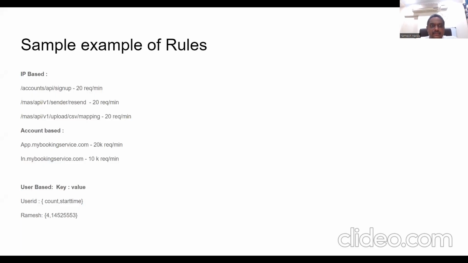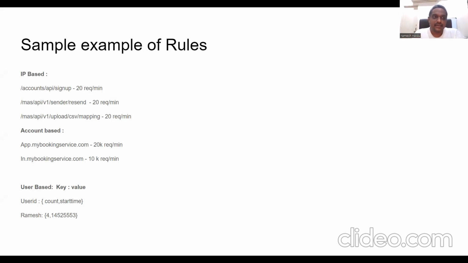In this slide, let's talk about some of the rules which we store in the DB, right? As I told you, we can have rules based on IP, account, or user base. So we'll just take some samples to understand how they are.